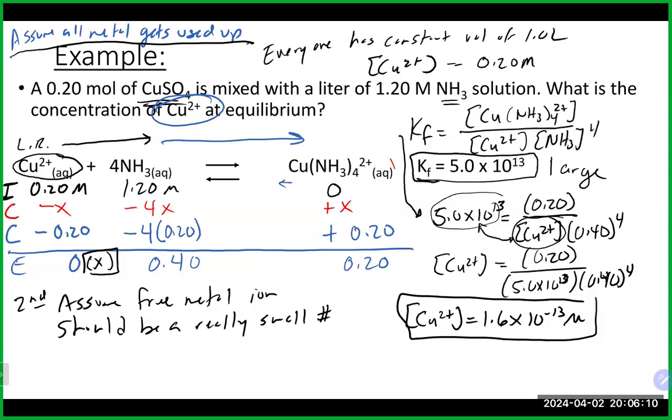If you ended up with a copper 2 concentration with a really large value, you did something wrong in this situation. Because of that KF value being so large, it basically turns this reversible reaction into kind of like a one-way street towards the products, but it is still a reversible reaction, which means you'll just get a super small amount of it that will come back the other way and still be free. Any questions on that calculation there?